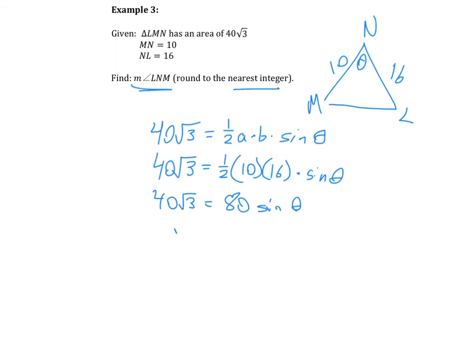Divide that out, we get root 3 over 2 equals sine theta. So that means theta equals the inverse sine of root 3 over 2.